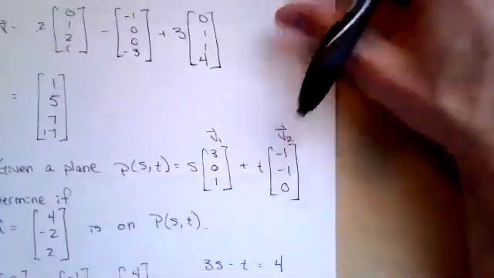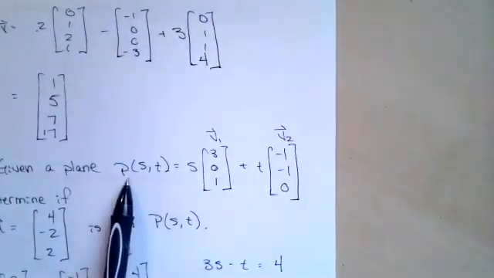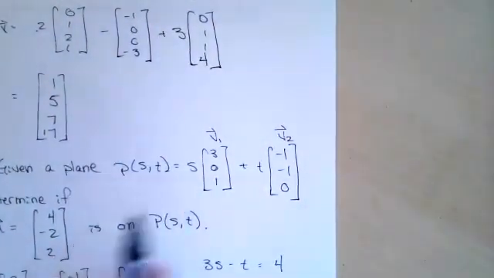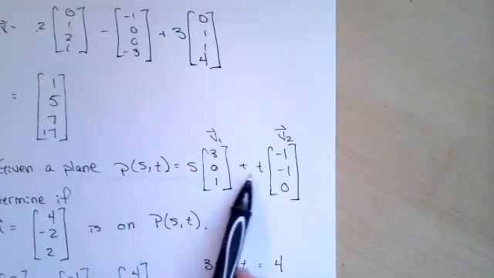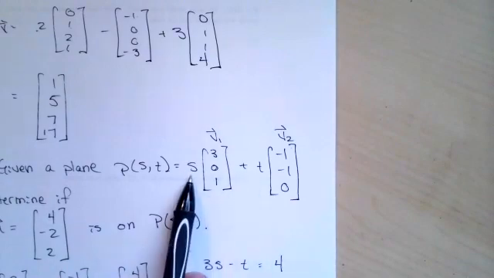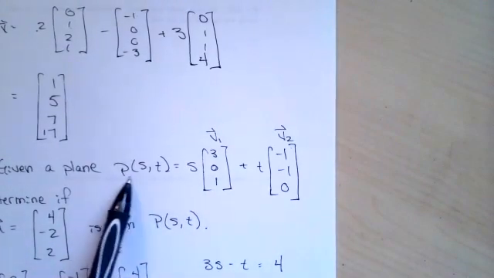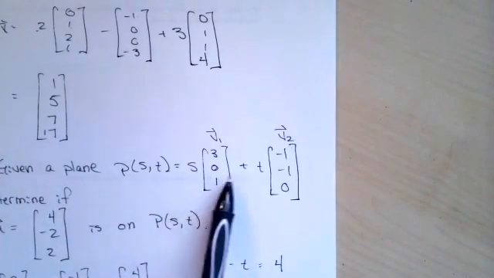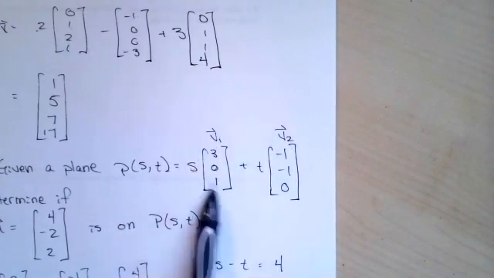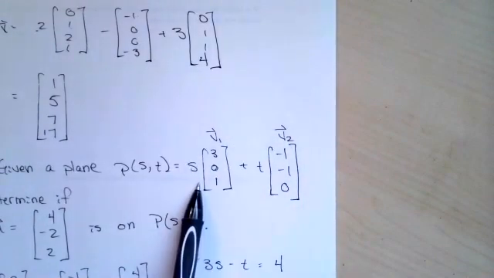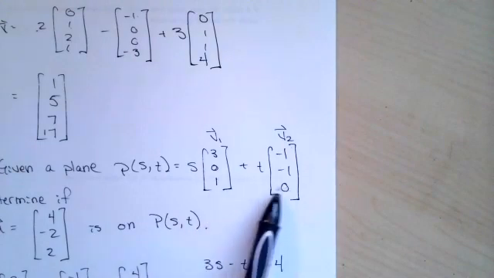In general, if we look at our definition of a plane now, since s and t are arbitrary, in some sense what we can do is define a plane as the set of all linear combinations of two directional vectors. Does that make sense?